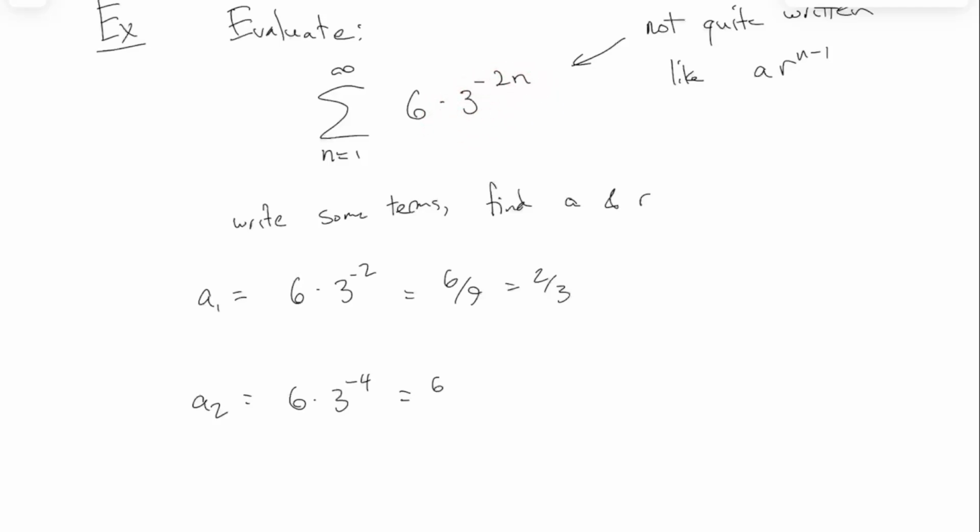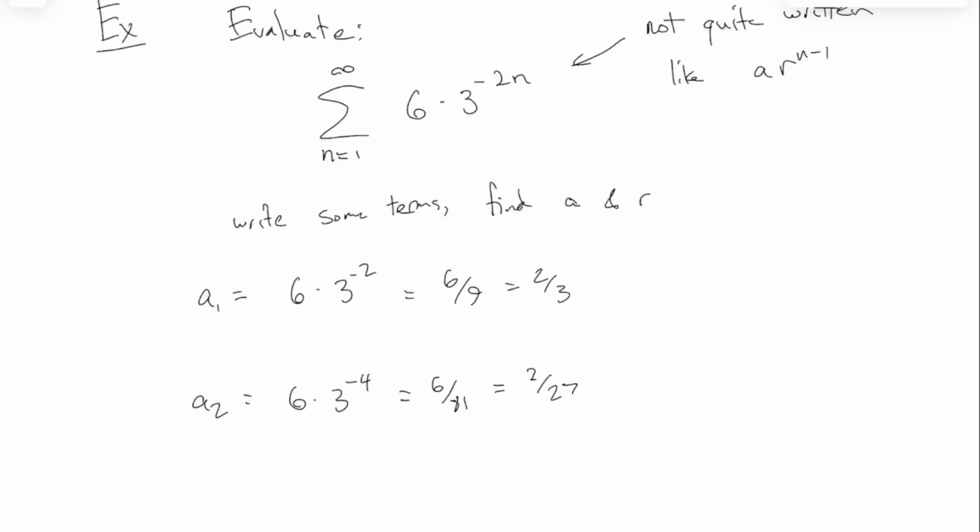That would be 6 over 3 to the 4, which is 9 squared, 81. And that doesn't simplify, does it? 2 over 27. Yeah, you can cancel 3's, right? Thanks. 2 over 27. Okay, great.